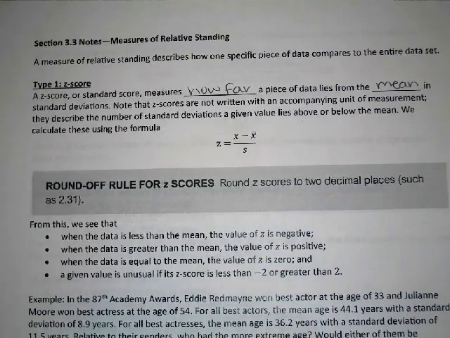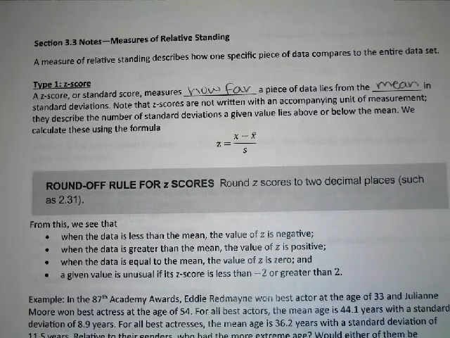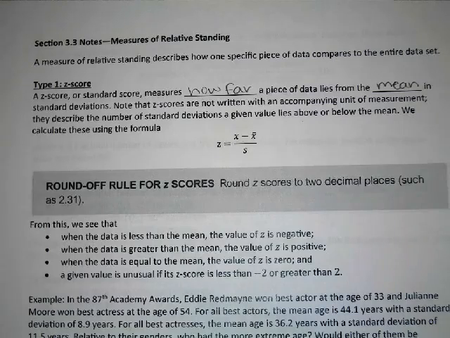With measures of center, we would say that the mean, median, and mode had the same unit of measurement that the data had. When we found the standard deviation, it had the same unit of measurement that the data had. This is different. A z-score does not have the same unit of measurement that the data has. It has a unit of measurement of standard deviations.